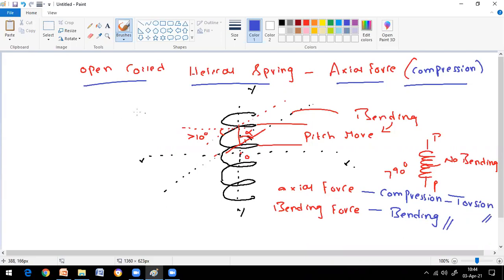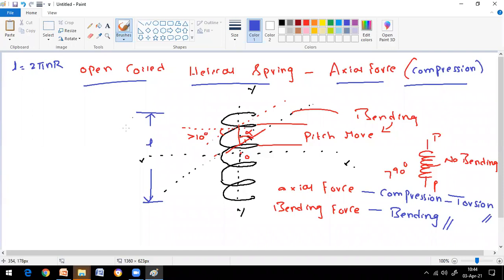And then what about L here? In the closed coil helical spring, you have written L is equal to 2 pi nr, where n is the number of rotations or number of pitch distances, and r is the radius of the coil.